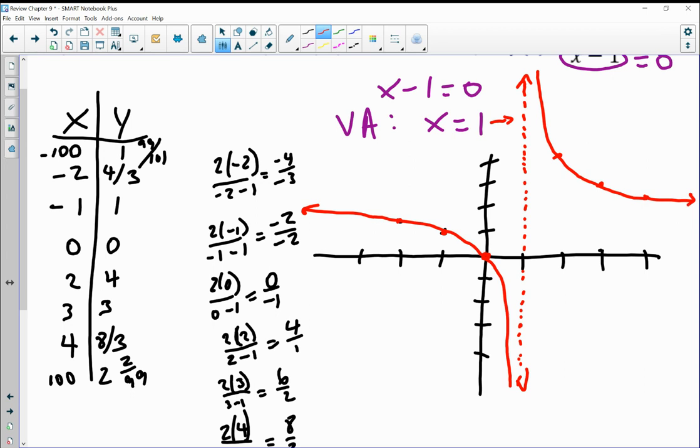Okay, so that means now we've determined our horizontal asymptote. The horizontal asymptote would be y equals 2.